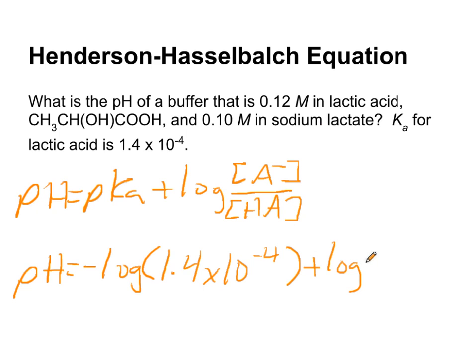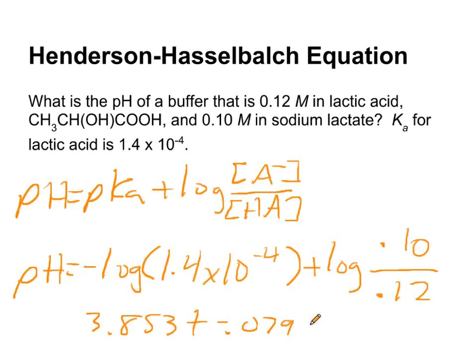So it's 0.10 in that divided by 0.12, the weak acid concentration. Well, you just have to plug all that into a calculator, and you end up with 3.853 plus a negative 0.079. You end up with the pH being equal to 3.77.